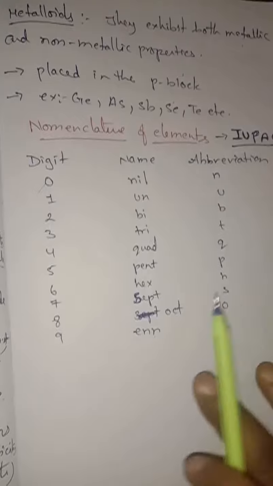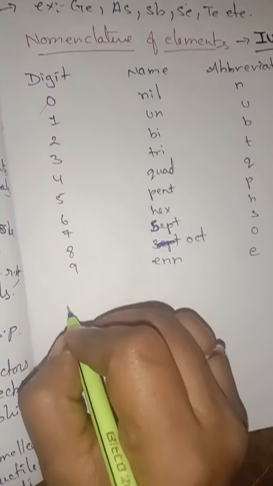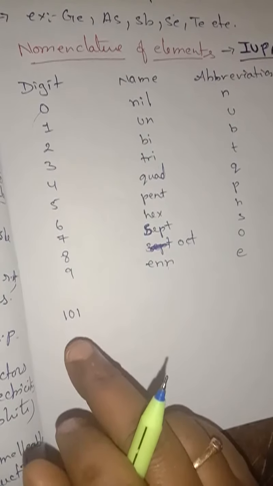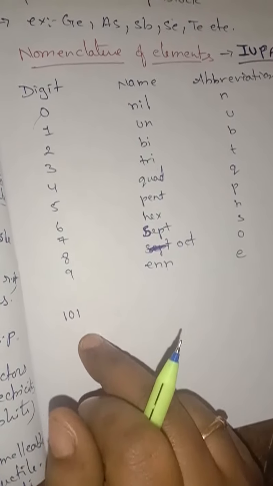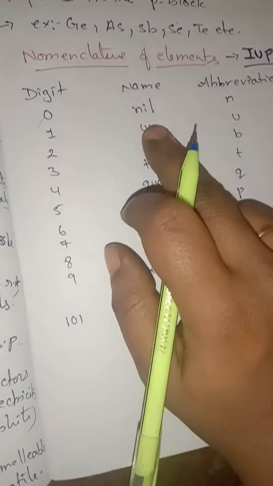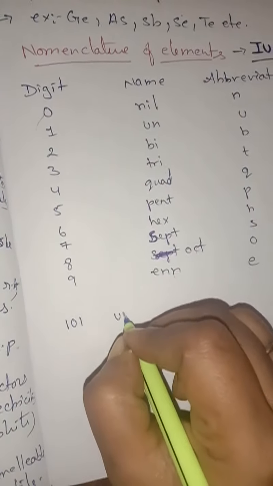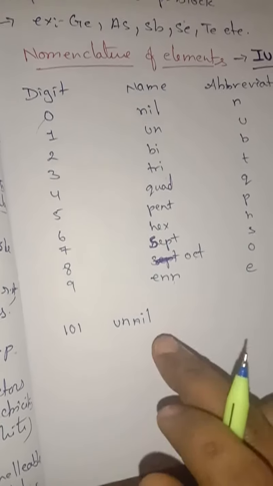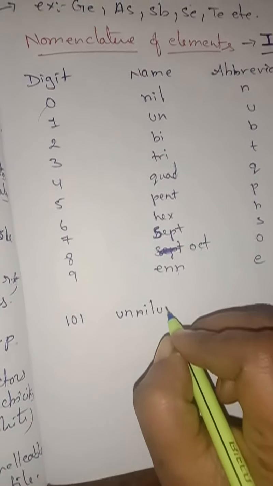Okay, so now for example, the 101 element, atomic number is 101. What is the root name of the element? 1 means what you have to write, children? Un. Okay, 0 means what you have to write? Nil. And again 1 is there, again write un.